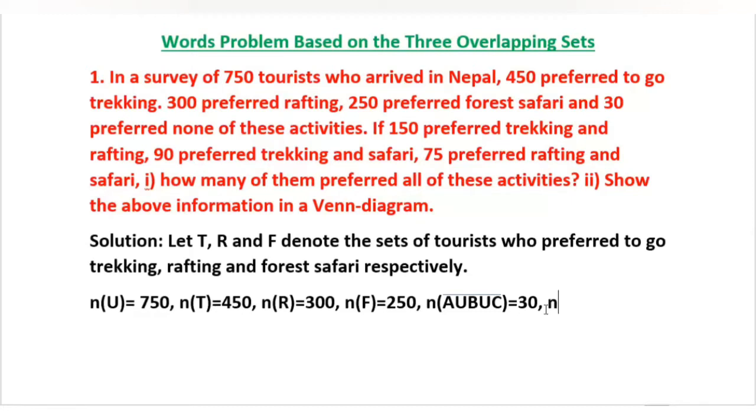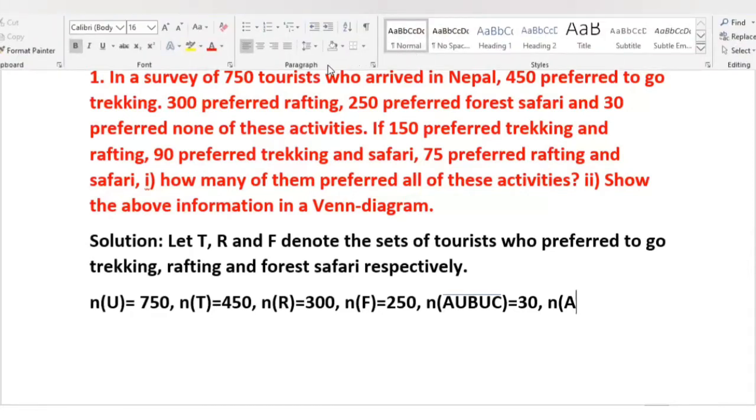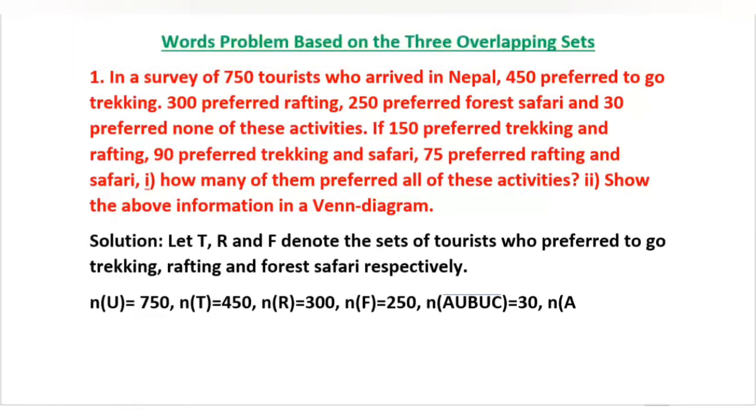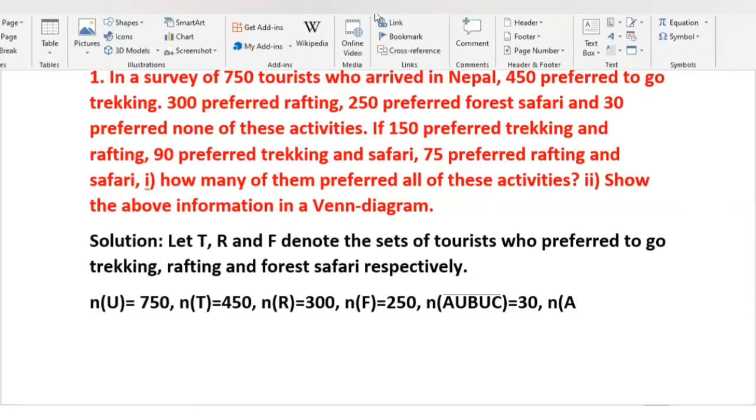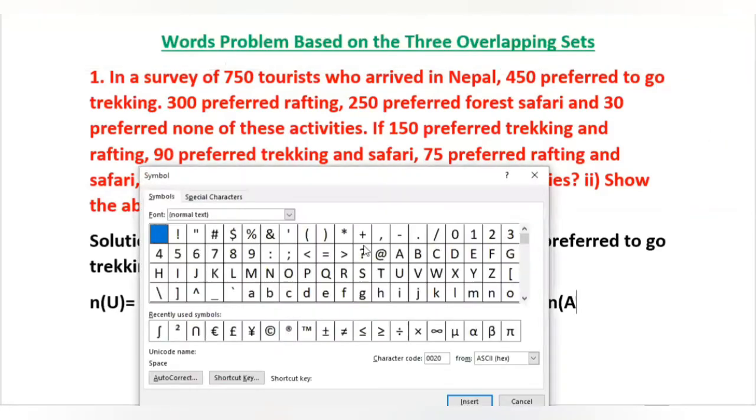So n of T intersection R. We need the intersection sign here.